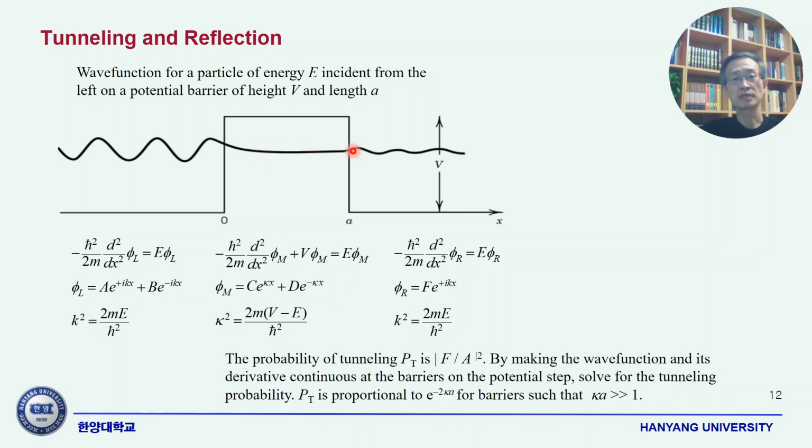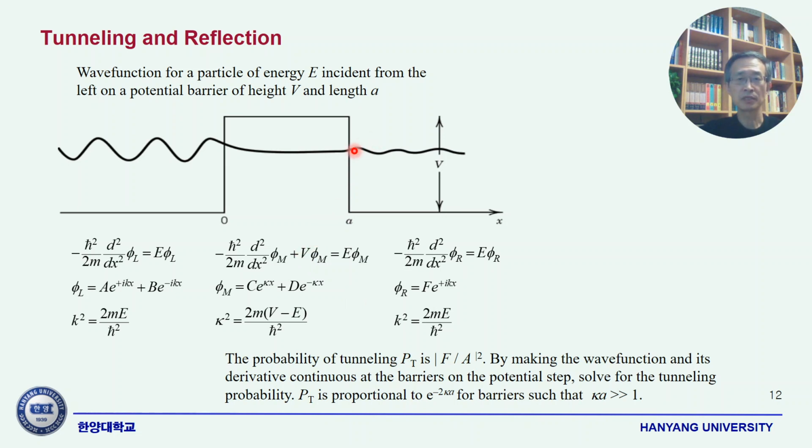And then on this side you have only one direction. Of course the form of the Schrödinger equation is the same, and you have only the right-hand-side wave, with coefficient F e to the positive ikx, and k is the same as before. Then we are going to study the tunneling probability P_T.